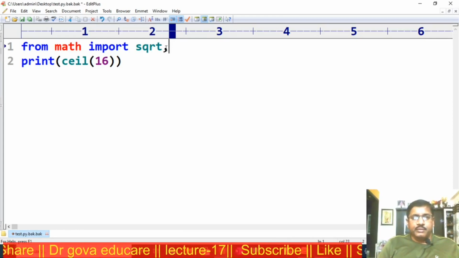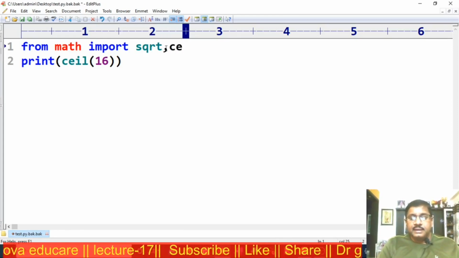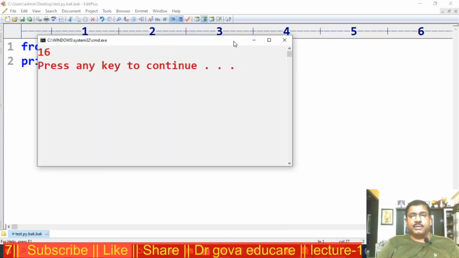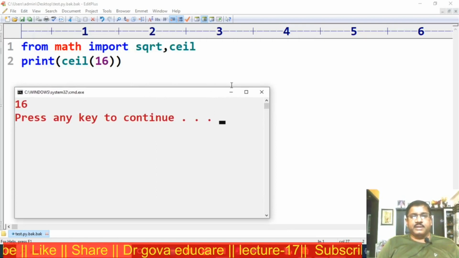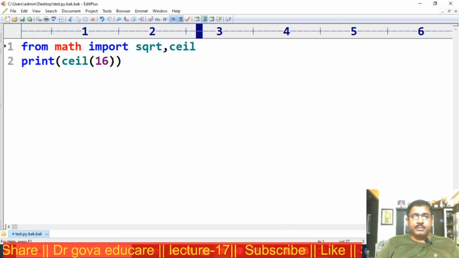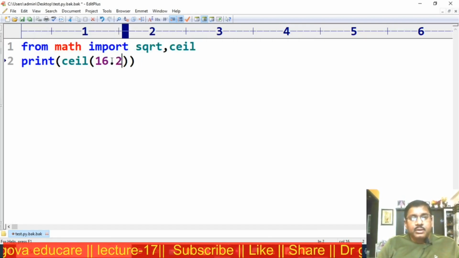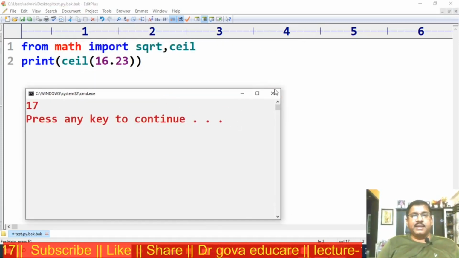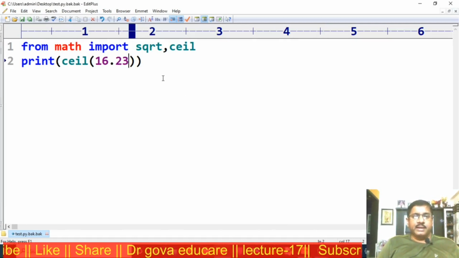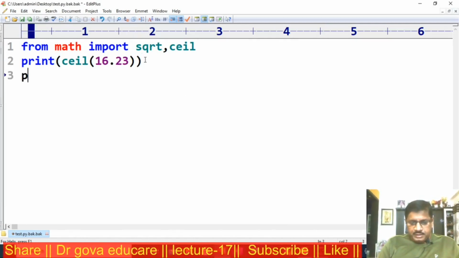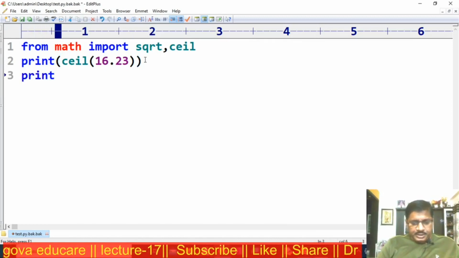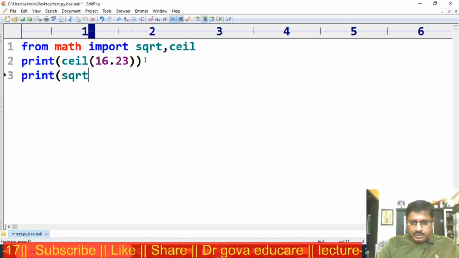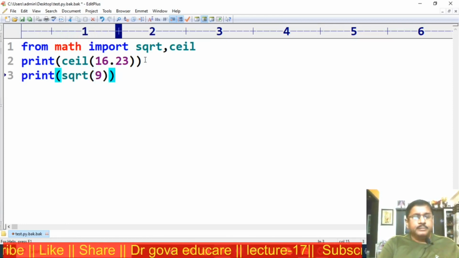Suppose I want to use this ceil. Now I am executing this. Say for example ceil of 16.23, I am executing this, we get 17, the next higher value. Next I am finding print of sqrt of 9.